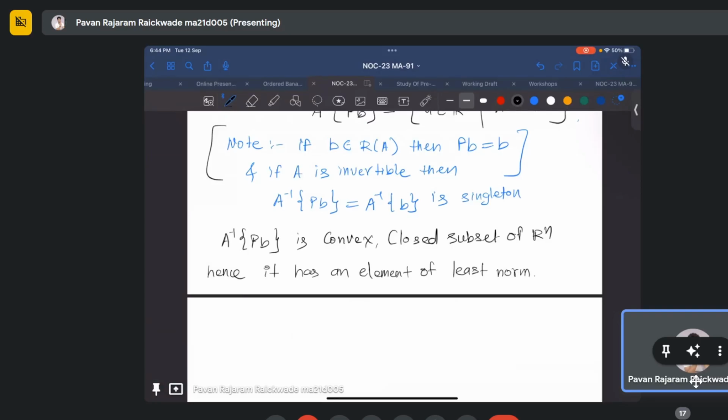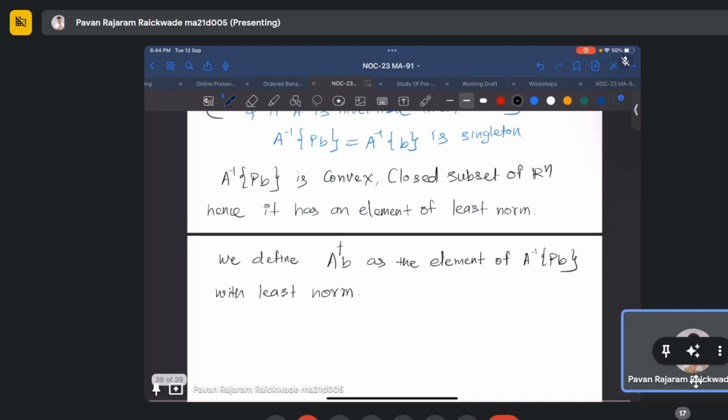And that element will be your A dagger P. We define A dagger B as the element of A inverse PB with least norm. That is, how are we defining?